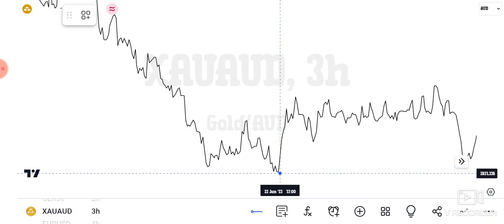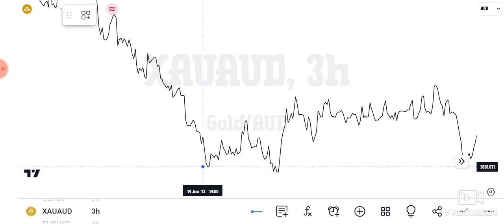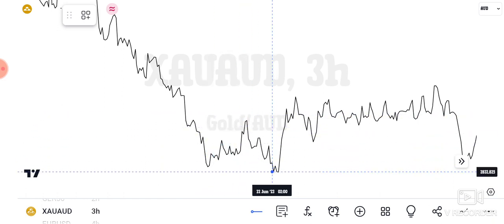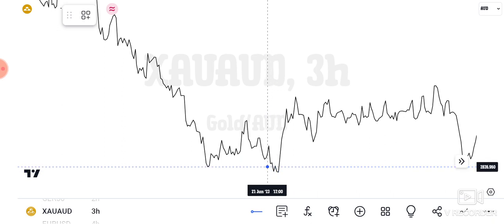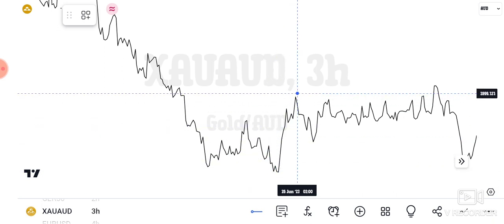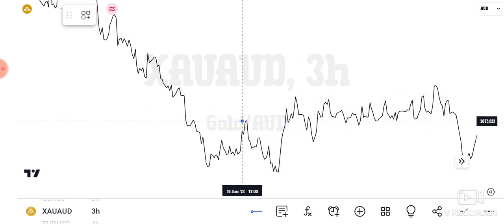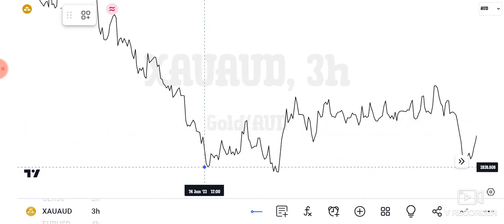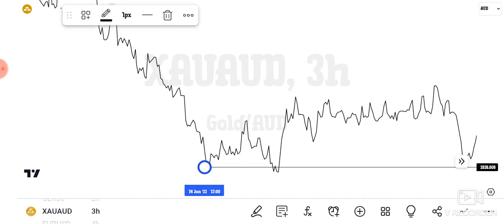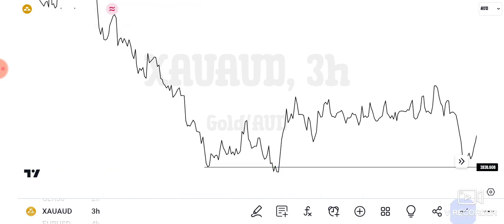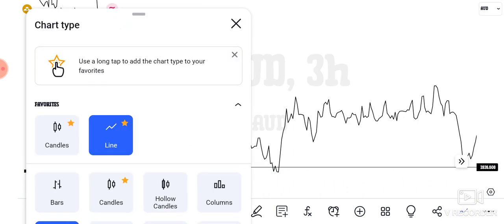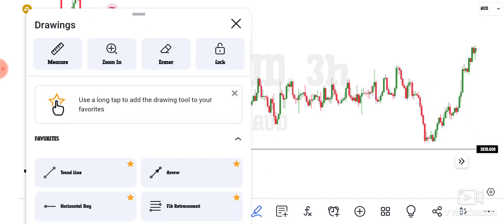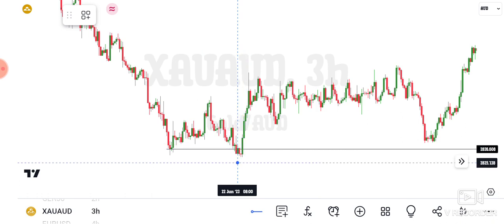This low is lower than the other one. Then we have a high, we have a lower low. After the lower low, we had the higher highs, breaking the previous high. Are we together, guys? You just identify it, then you can change back to candlesticks. Then your stop loss should be below this level.